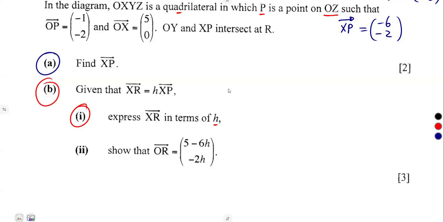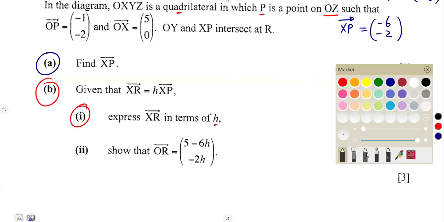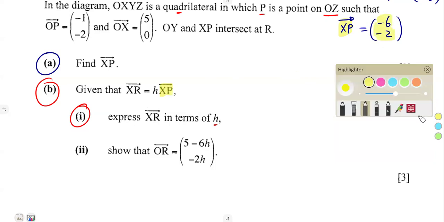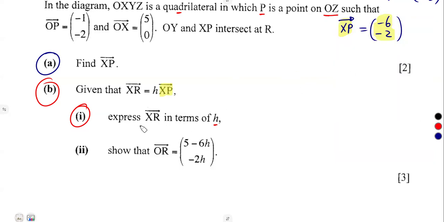If XR is taken from XP, we already have that XP. We have the vector XP, this one. We calculated that. So simply substitute into that as we are given. So B item 1, XR, if we are given that it is equal to h XP, therefore simply substitute that.